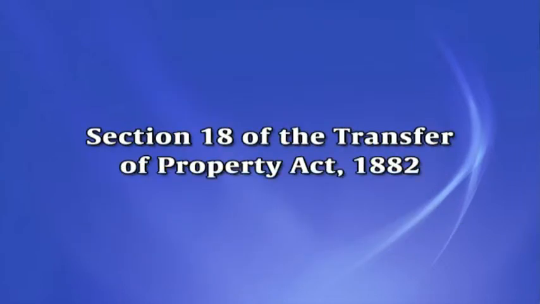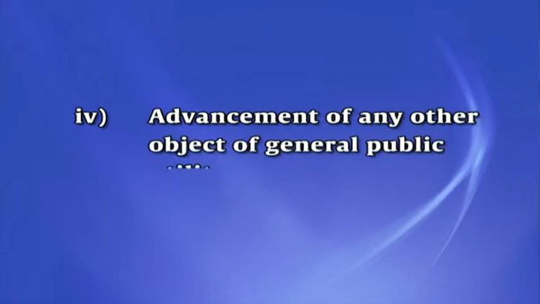According to Section 18 of the Transfer of Property Act 1882, a public, religious and charitable trust is one in which the transfer of property is for the benefit of the public in the following matters: relief to the poor, promotion of education, medical relief to the sick, and advancement of any other object of general public utility.